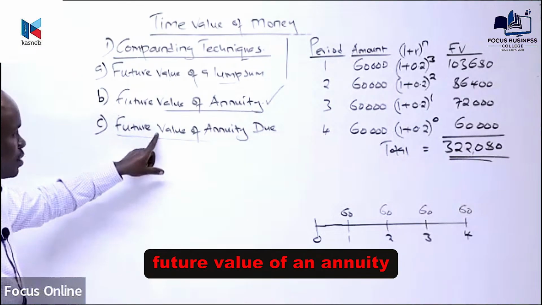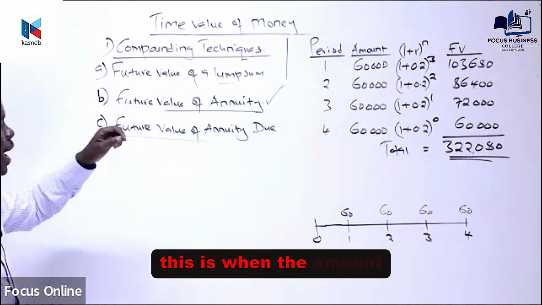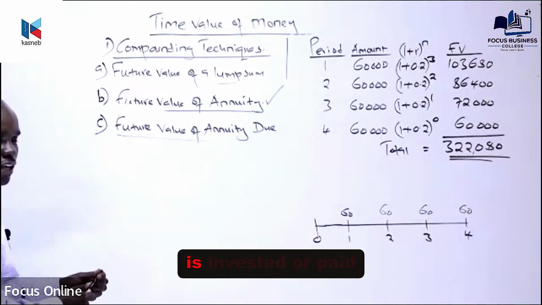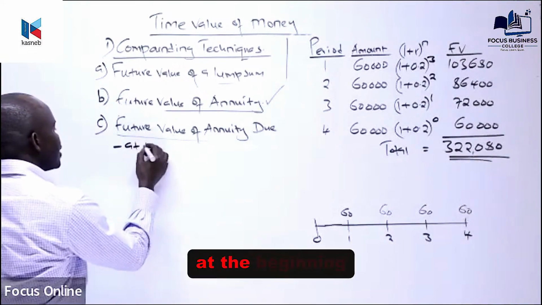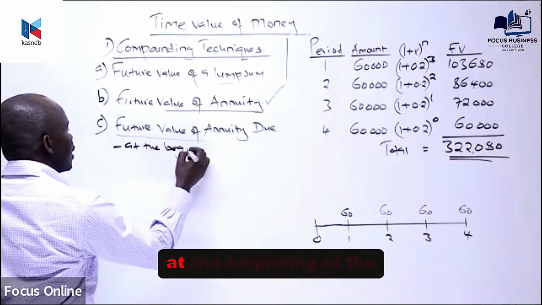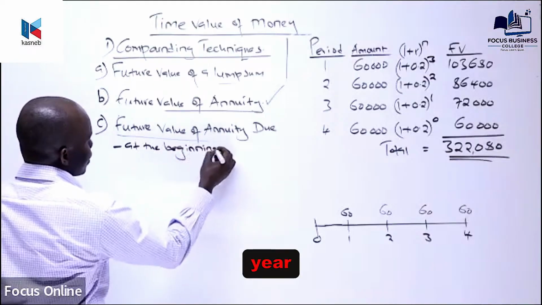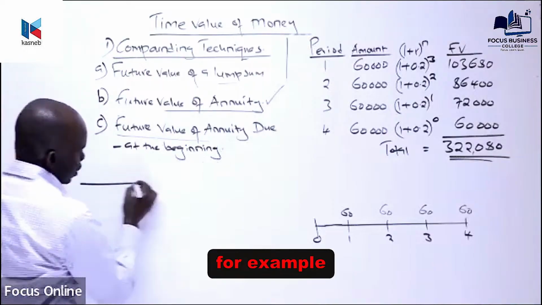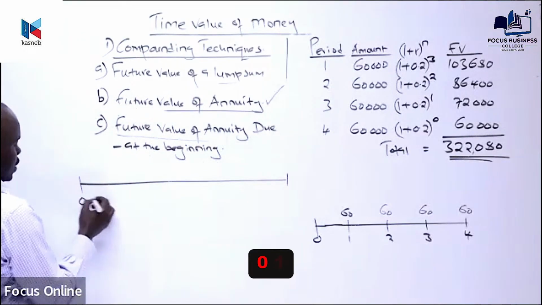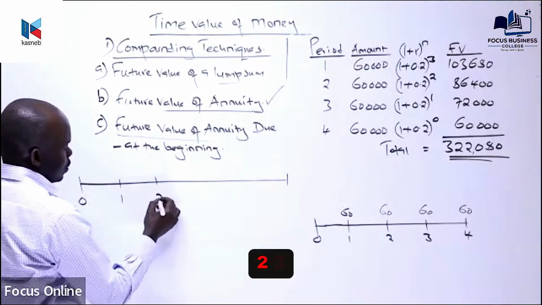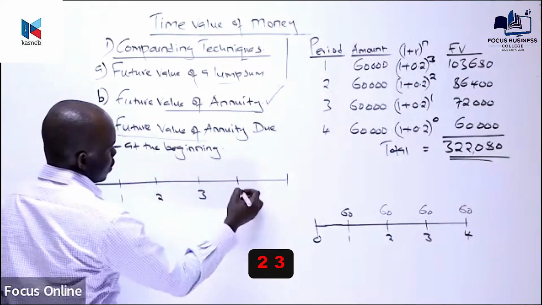Future value of an annuity: this is when the amount is invested or paid at the beginning of the year. For example, if our 60 here, 0, 1, 2, 3, 4.